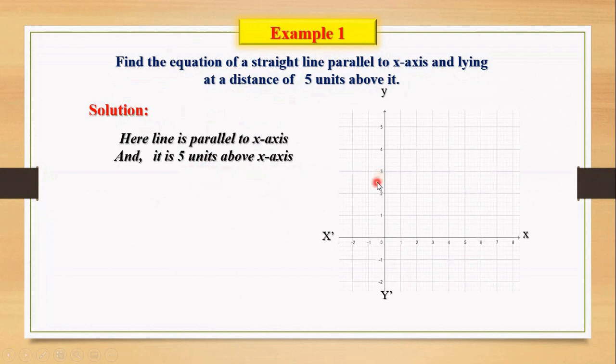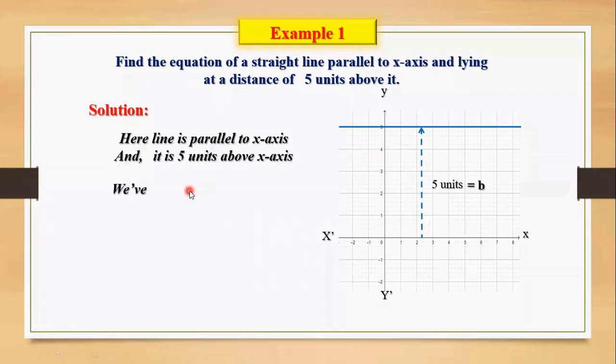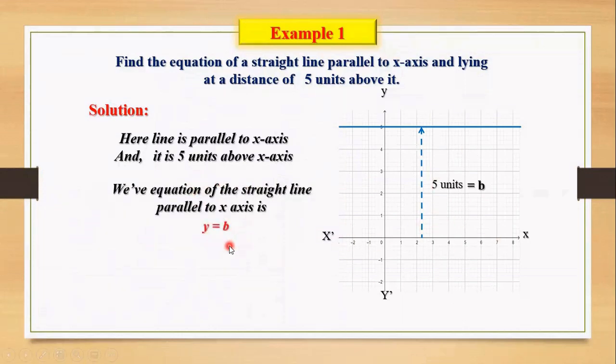Let's draw the figure. Let's draw a straight line according to this condition, that the line is parallel to x-axis and it is 5 units above, that is 1, 2, 3, 4, 5 units above the x-axis. Here it is 5 units and it is the value of b. We know the equation of a straight line parallel to x-axis is y equals b.